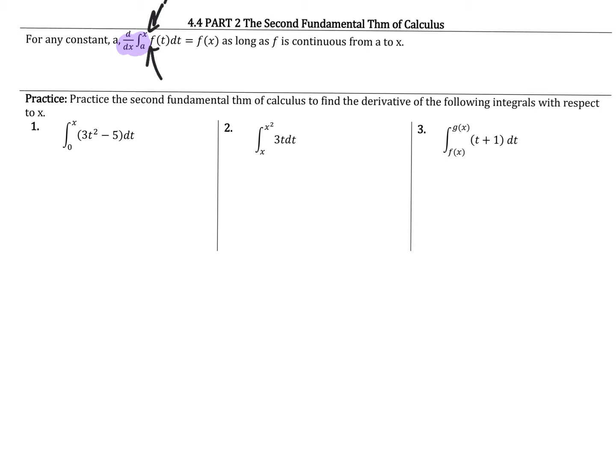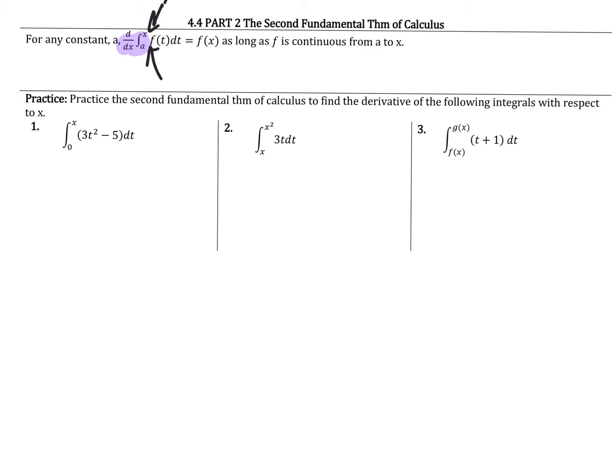So what we're going to be doing for most of these problems is plugging in the top bound of your integral into the integrand, the inside part of your integral, and multiplying that piece by the derivative of the thing that you're plugging in.